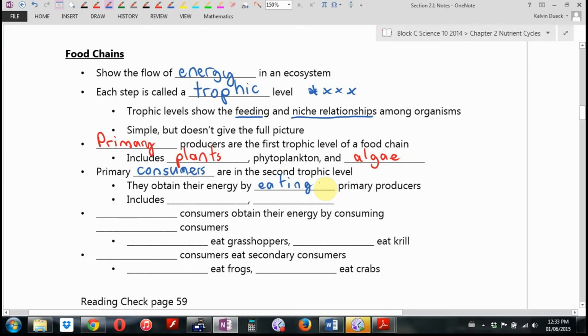You want some examples? Grasshoppers on land. Bugs, most bugs on land. In the water, krill, because krill are slightly larger things that eat phytoplankton.